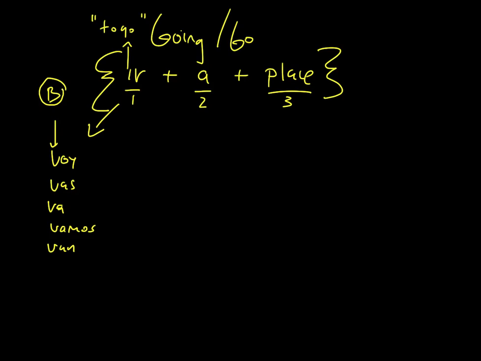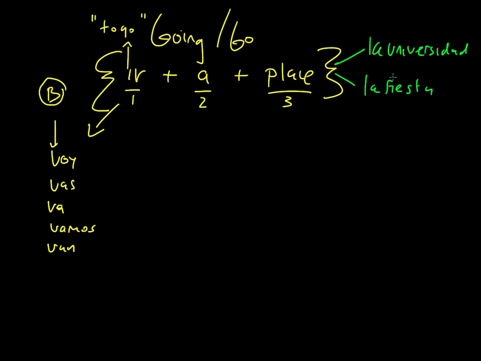Now, let's give some examples of some popular places that we go to often or frequently. You probably go to la universidad, the university, often. Another place you may go quite often is la fiesta.